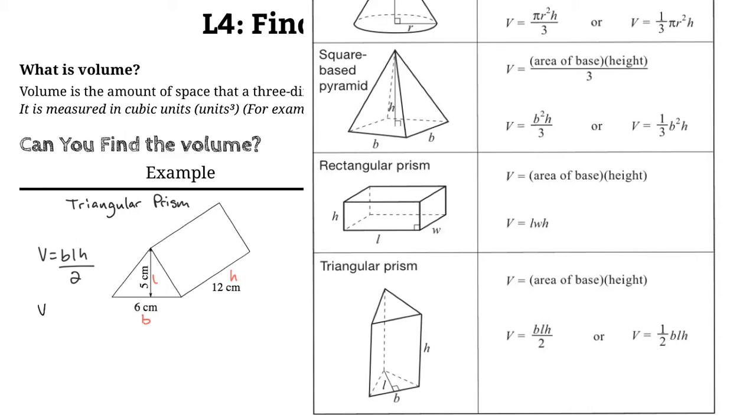So volume is going to be equal to 6 centimeters times 5 centimeters times 12 centimeters, and all of that is going to be divided by 2. And if you start calculating, that's just 360 divided by 2. So our volume is equal to 180, and don't forget our units at the end. This is in centimeters cubed.